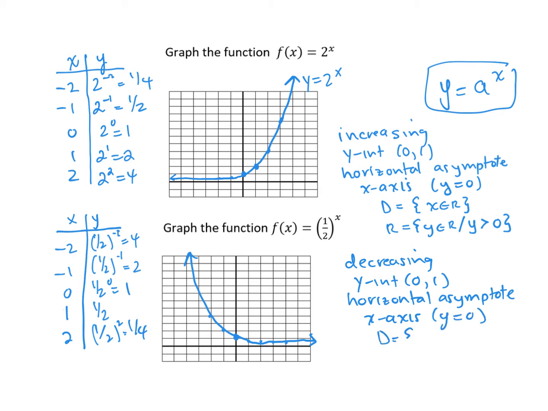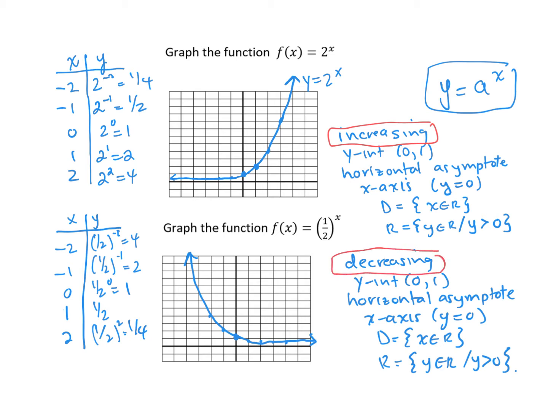And we still have the domain and range. We still have any real number for x, and we still have any number for y that is greater than 0 or positive. So the only thing that has changed by changing that base is that we've gone from an increasing function to a decreasing function. Everything else stays the same.